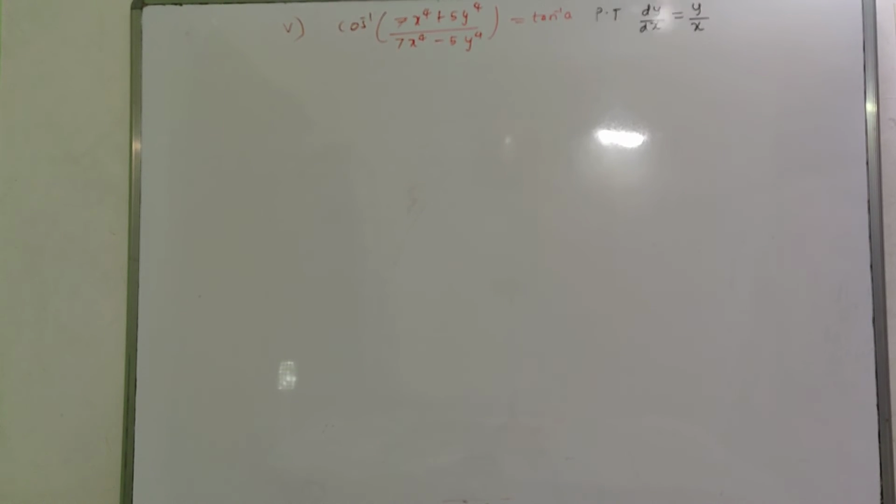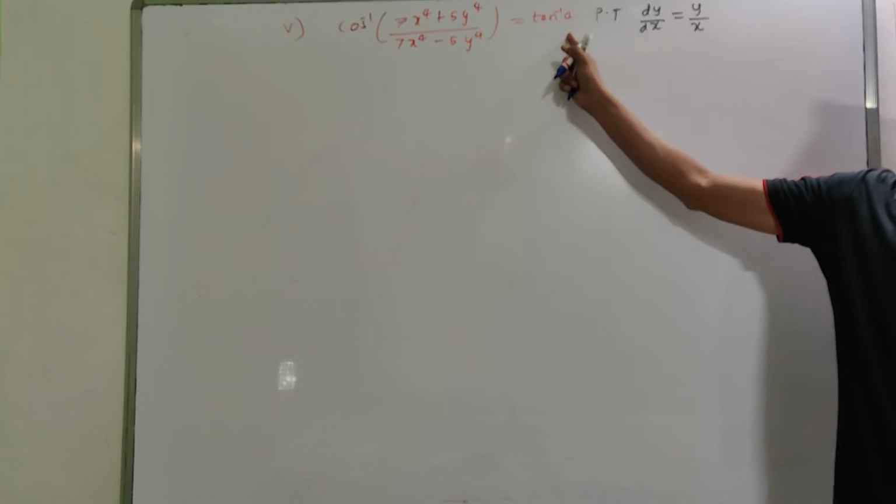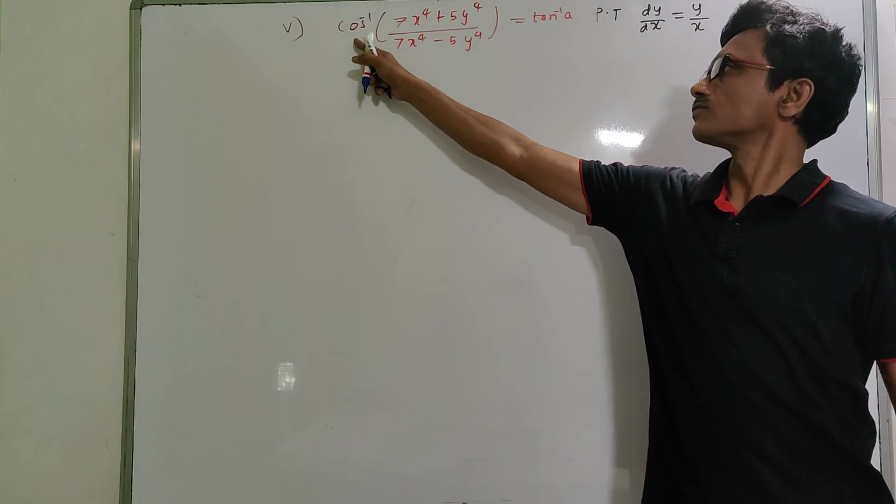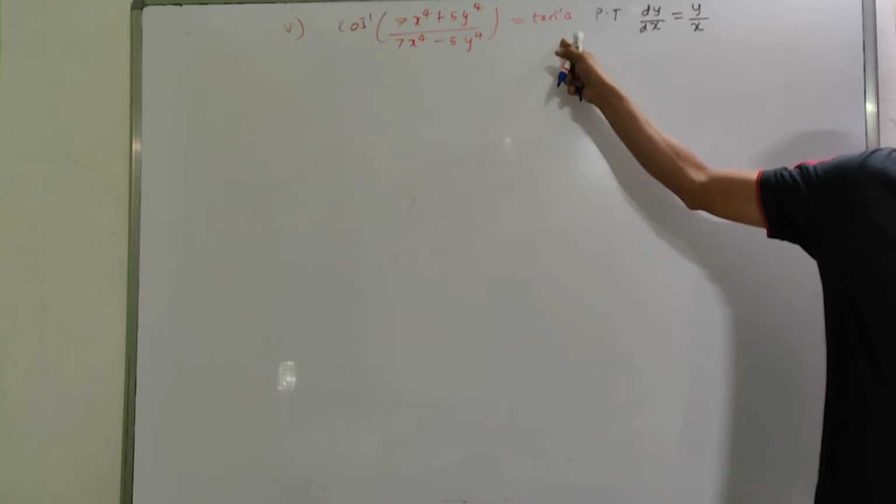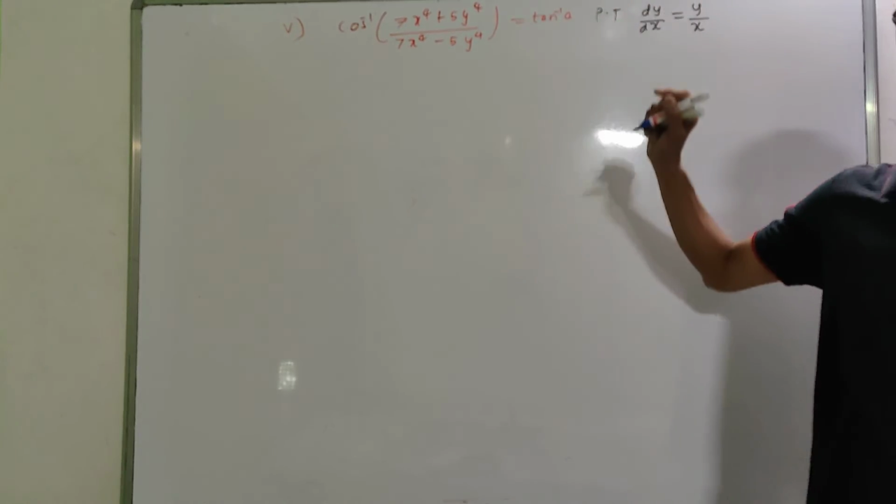Fifth question, cos inverse of this is equal to tan inverse of A. So this we write as cos of tan inverse of A, which will be a constant.